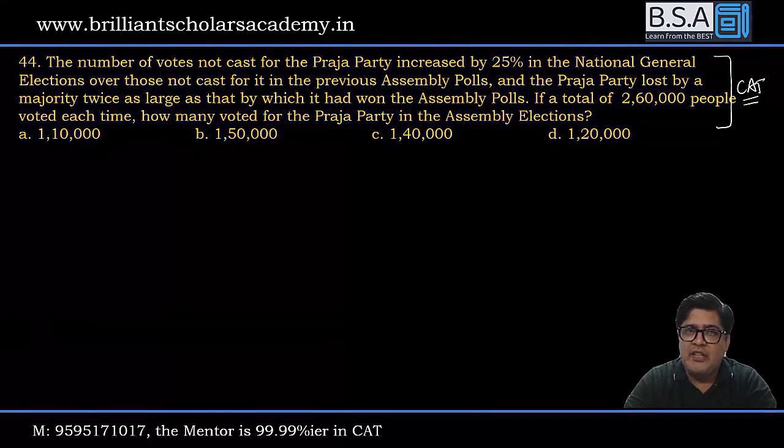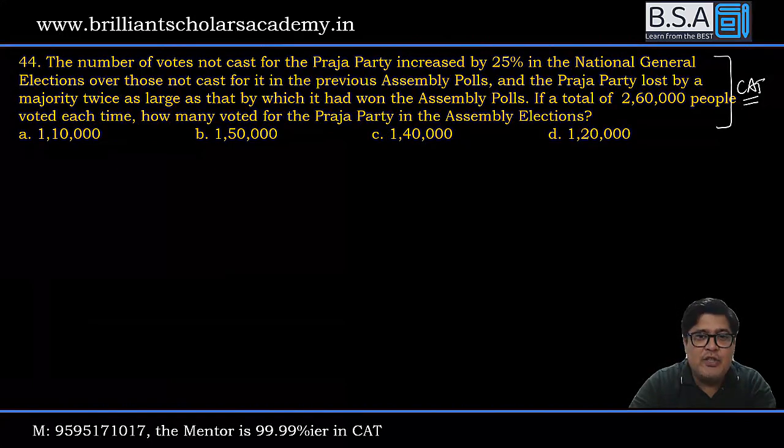So general election, the party is losing. Assembly polls, it had won earlier. If a total of 2,60,000 people voted each time, how many voted for Praja Party in assembly elections? What is the word? Assembly elections. Assembly elections were won by Praja Party. Now Praja Party is losing.